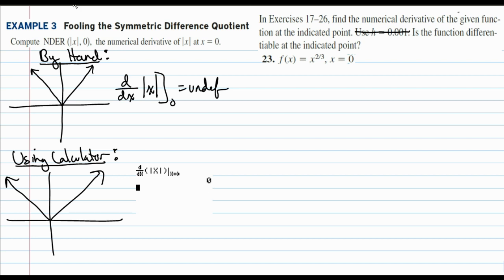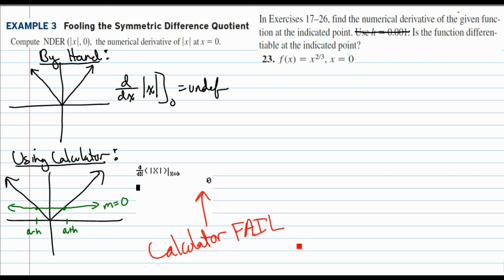What your calculator does is it takes a little a minus h and a plus h, finds those 2 points, and calculates the slope, so it thinks the slope is 0. That is a big time calculator fail. So it's up to us to be smarter than the calculator is and know when your calculator is producing a correct derivative as opposed to not.